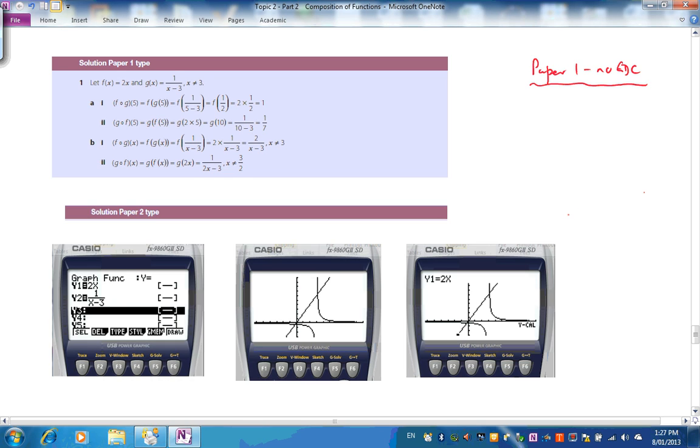I've replaced Pearson's graphics display calculator solutions with a Casio set here, where you would actually, if you're allowed to use a calculator, you could actually work out g of 5, I think here, g is 1 over x take 3.